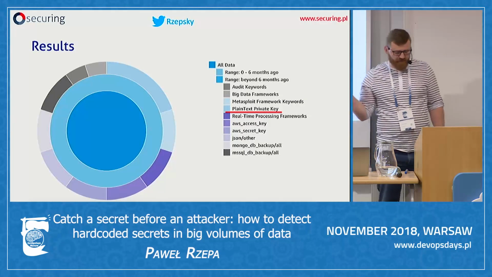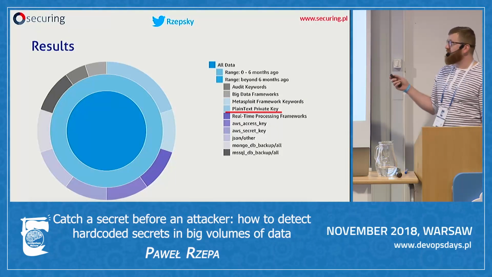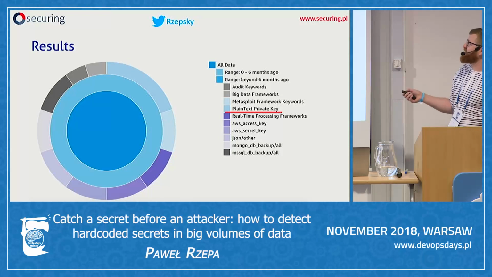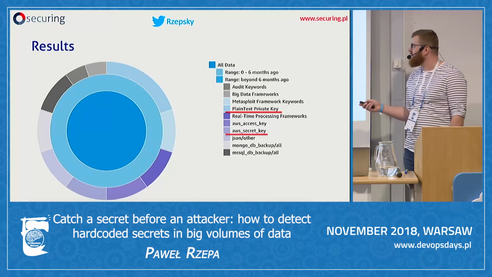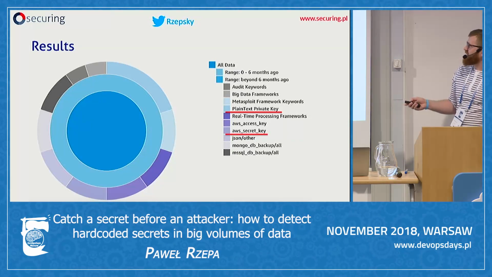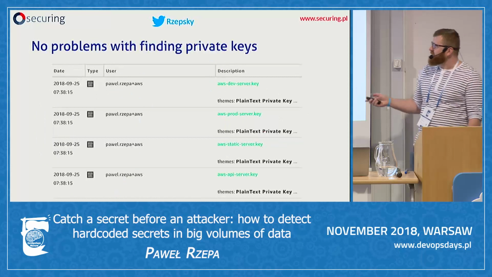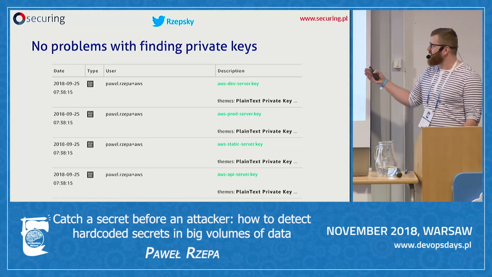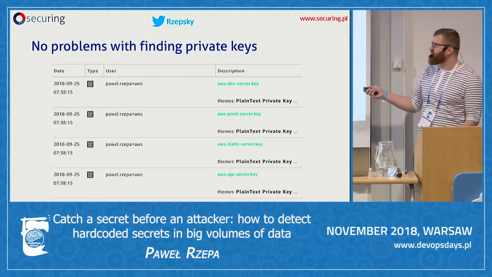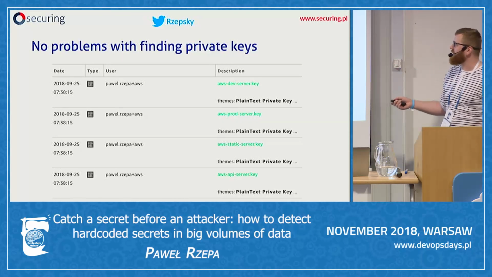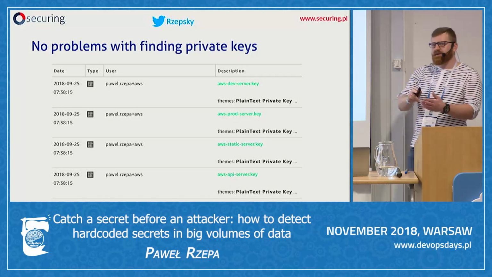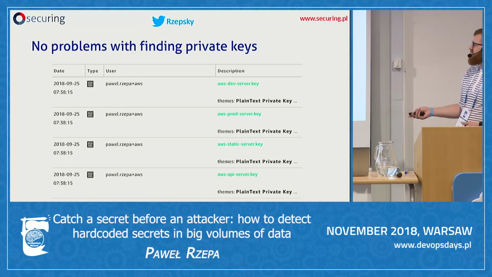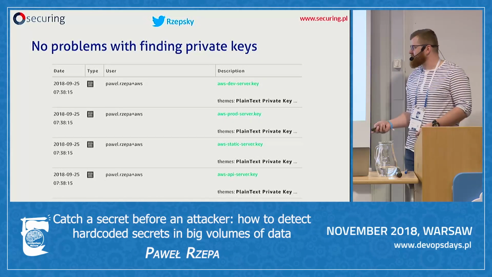I got such a chart, and I was positively surprised that it's recognizing the plaintext private key, the AWS secret, and some others. It is presented to you as a list of all the files and who is the owner of the file, and you can directly refer from the report to the file and see if it is really sensitive data.